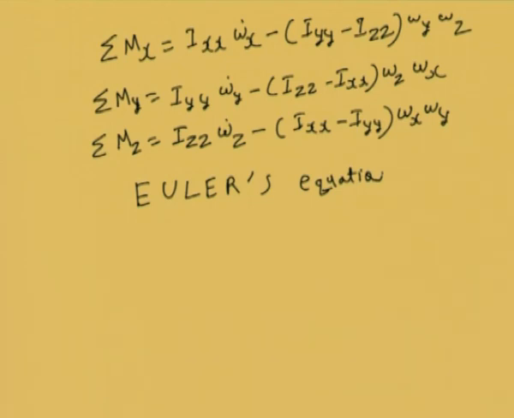Whether it is fixed or not fixed doesn't matter, then also the equation is valid. The third thing is that the point may not be fixed and may not be the center of mass, but it is accelerating towards the center of mass or away from the center of mass. Then also it works. So this is the first condition under which these Euler's equations are applicable.